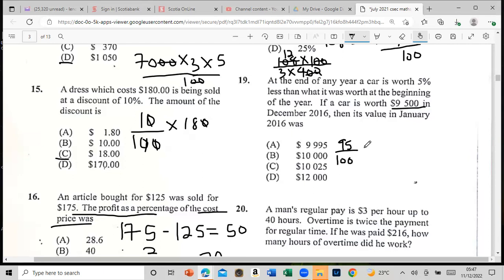We don't know what the number is, so we'll call it n, and that is equal to 9,500. Remember, the car lost 5% of the original to get this.